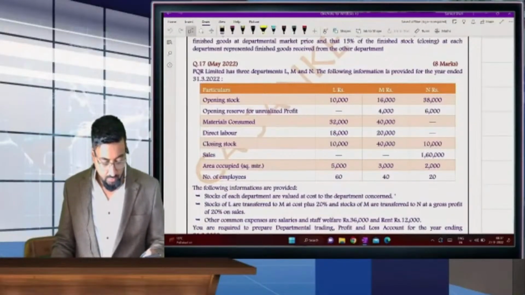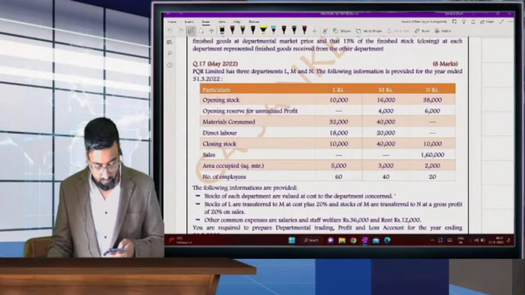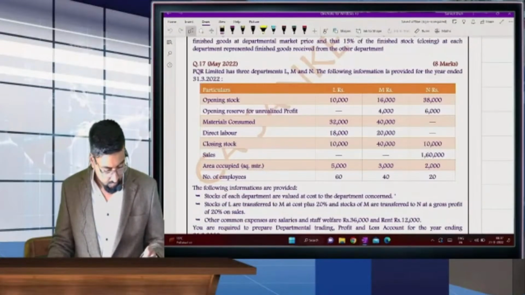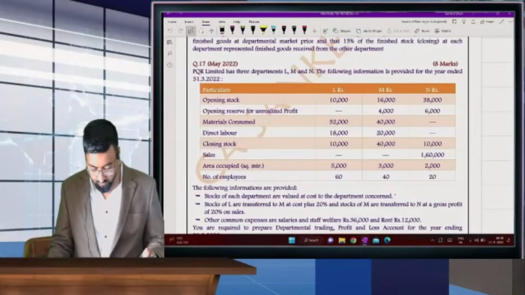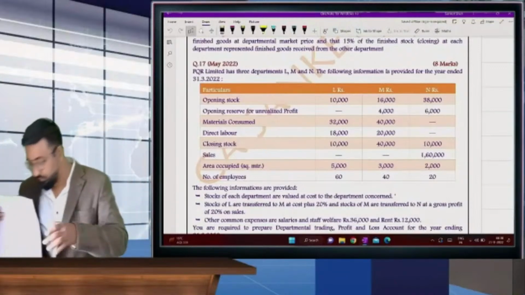Jyoti Singh, sir, May 22 question. May 22 question, beta. Which question you want?